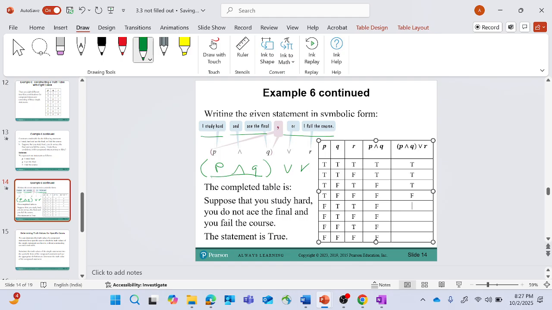This row, the R is true, the P and Q is false, so it's true. I just need one of them to be true. This statement, they're both false, that's false again. For this one, the R is true, the P and Q is false, so this is true. And finally, the last one is also false because they're both false. Make sense, guys? Are we okay?